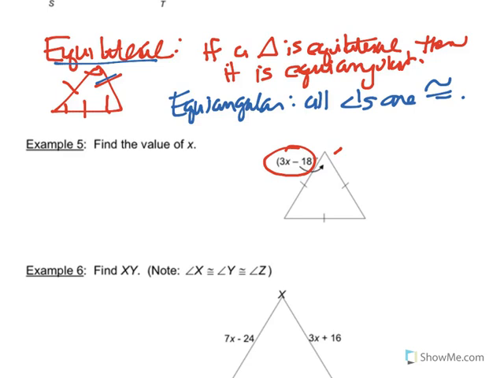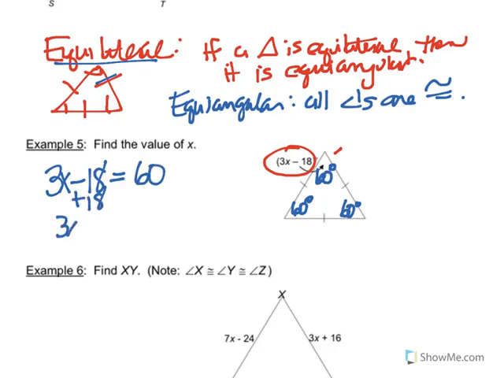Triangles add up to 180, so all three angles each equal 60 degrees. So we take 3x minus 18 and set it equal to 60. We add 18 and get 3x equals 78. Divide by 3 and x equals 26.